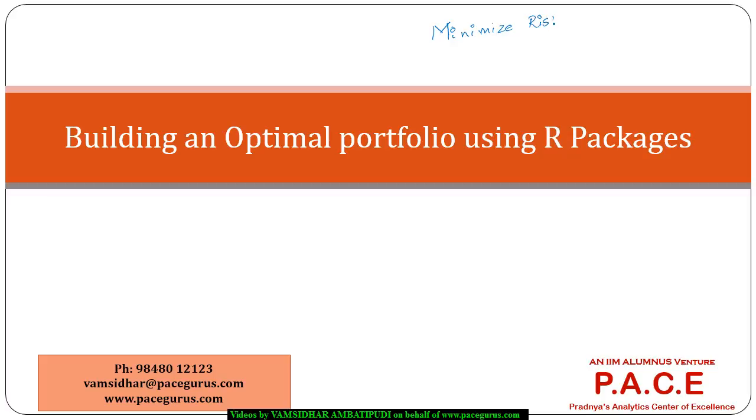I want to create a portfolio of, let's say, five different stocks, and find out in what proportion I have to invest in these five stocks so that my overall risk is mitigated for a given amount of return that I am expecting.